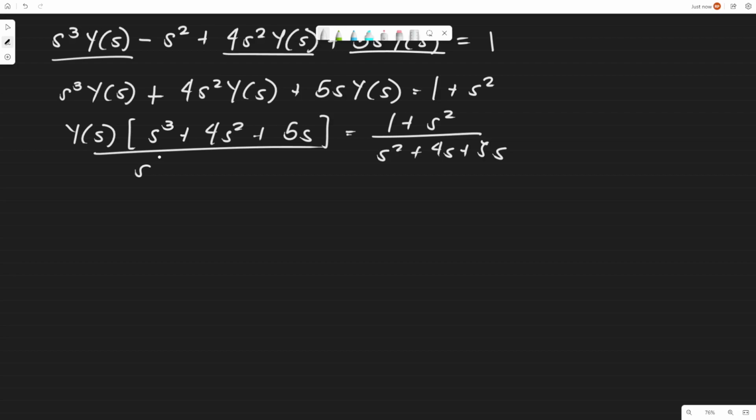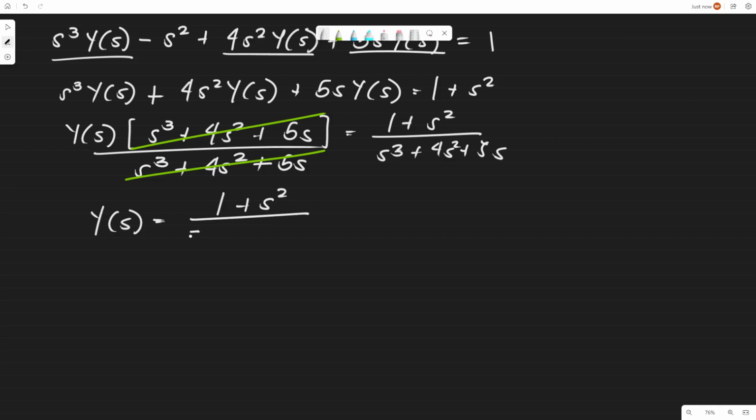So, nauna ko lang siya sinulat. Sorry. Nauna ko sinulat yung denominator. But anyway, yan, dito siya nanggaling. So, cancel. Diba? So, common si s dito. So, I can factor out s. So, we have y of s is equivalent to 1 plus s squared over s times s squared plus 4s plus 5. Okay? So, of course, obviously, what we will be doing is what?